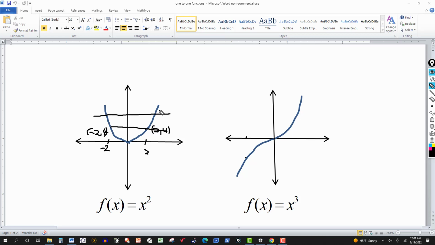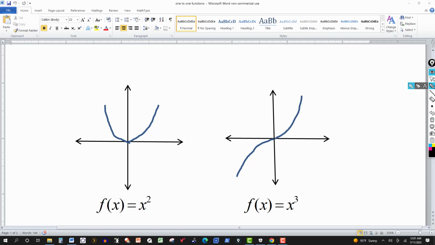If it's a one-to-one function, a horizontal line has to cross at one point. A vertical line crosses the graph of a function at one point, and if it's one-to-one, a horizontal line will cross at one point. Notice this one here: draw any horizontal line, it crosses the graph only at one point. That tells you that when you pick any value for y, there's only one value for x.